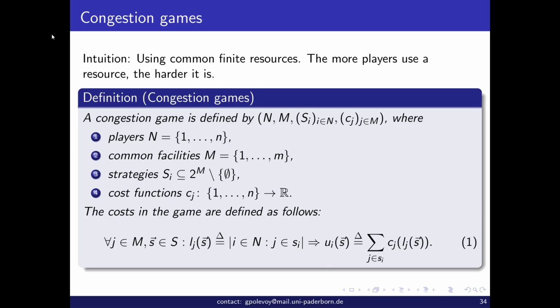A congestion game is defined by N, M, S_i's, and C_j's. Now, the definition is actually a bit long, but it's clear. So players N from 1 to N. The facilities, let's say pieces of road in the example I just mentioned, capital M from 1 to M. Now a player has strategies.